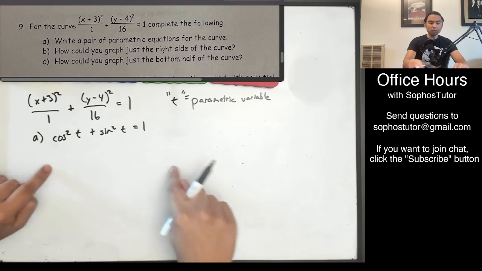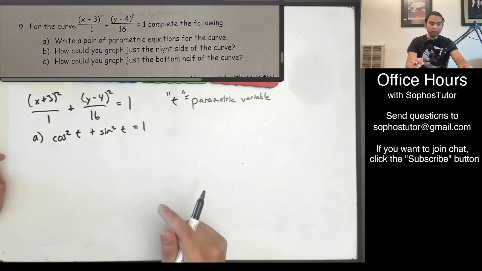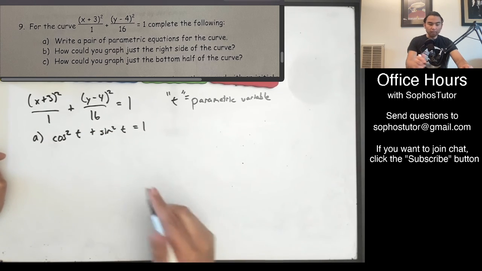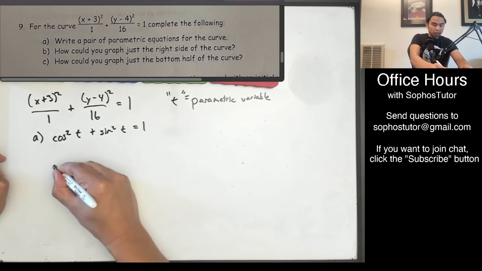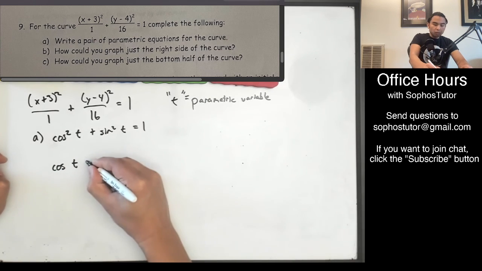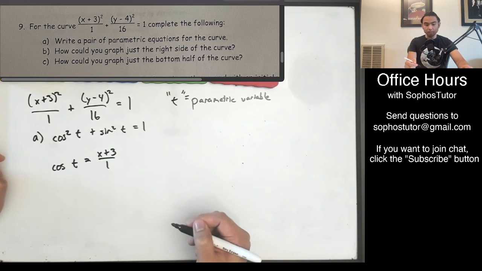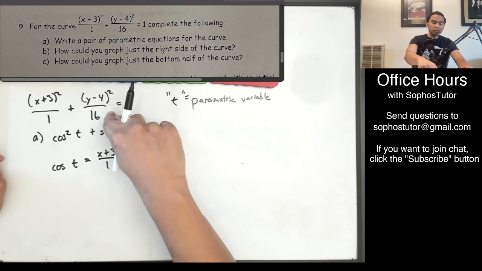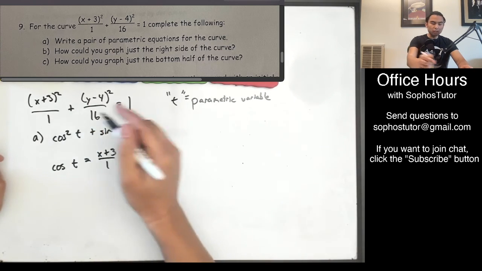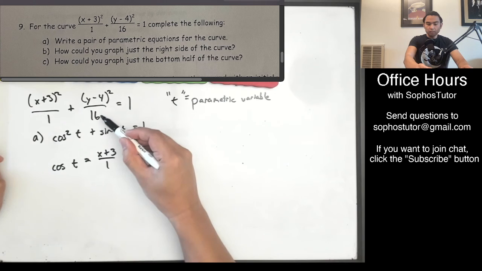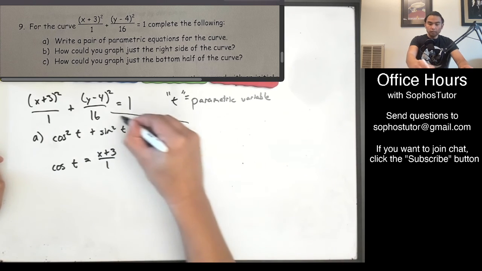So if we follow this format, we can see that the cosine of t, we can set this equal to x plus 3 over 1. Now, for this side, we do want to adjust things a bit, because notice that the 16 is not squared.